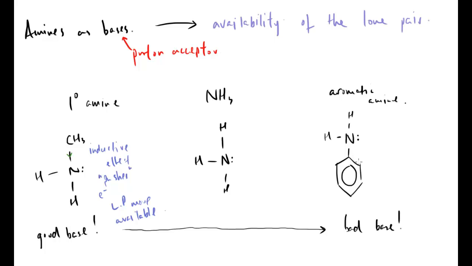What we find in this case is the complete opposite. This is much less available, and these electrons become involved with the delocalized electrons here, and what that means is that these electrons are now much less available.